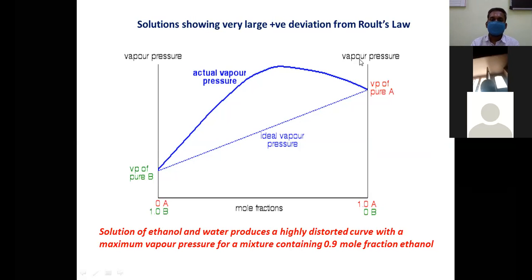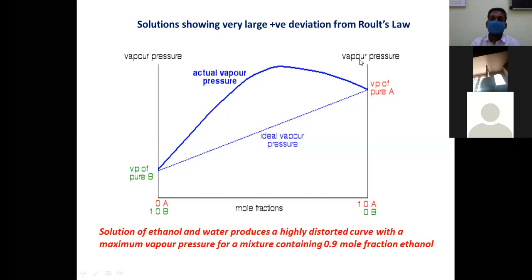That means the vapor pressure of the solution. See, for solution showing positive deviation, what is the characteristic? Vapor pressure of the solution, at a particular mole fraction, at a particular composition, is greater than that of pure liquids A and B. What about positive large deviation from Raoult's law?